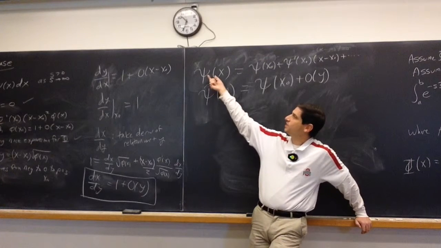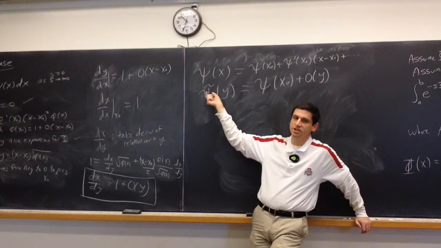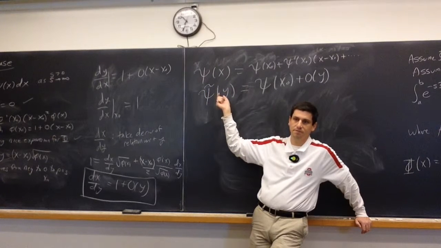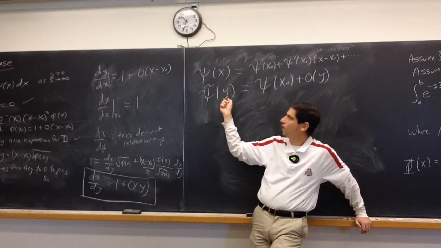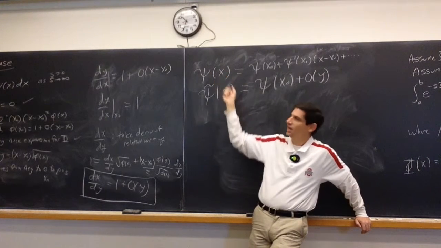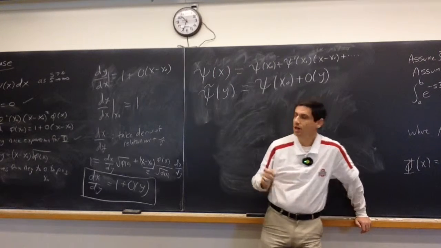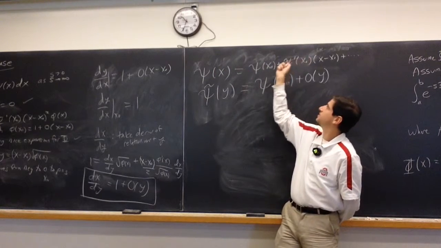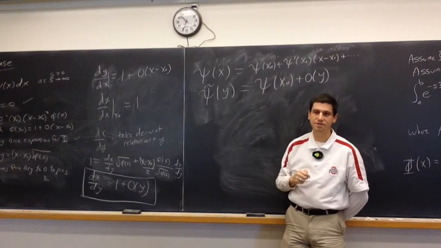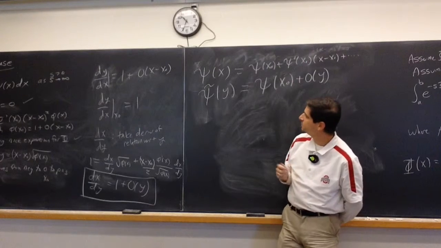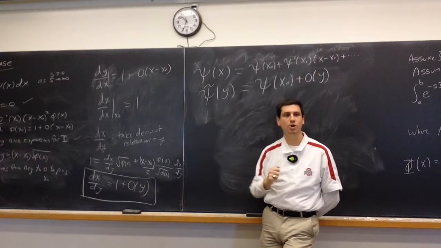So rather than evaluating a function c at x, we can evaluate this new function c tilde at y. You give me a y, I can find the corresponding x, and then I plug that into c of x. Because we have this expansion, and this piece is of size big O of x, which is big O of y, there really isn't much harm in moving y small amounts.